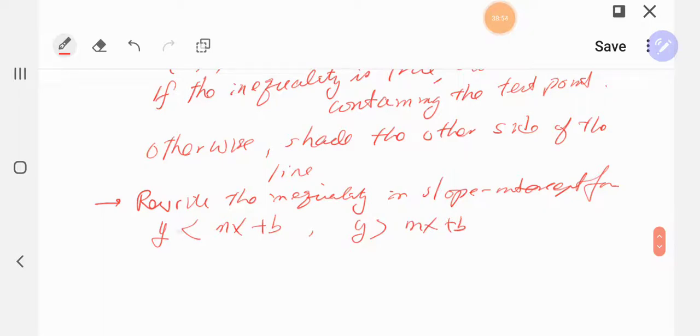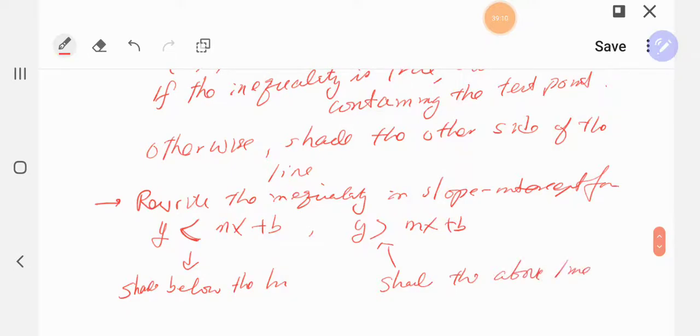And then if y is less than, shade below the line. If it's greater than, shade above the line.